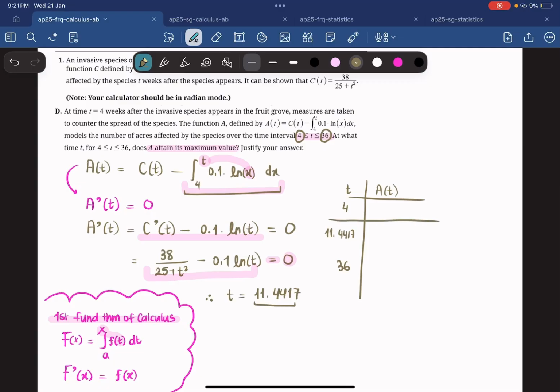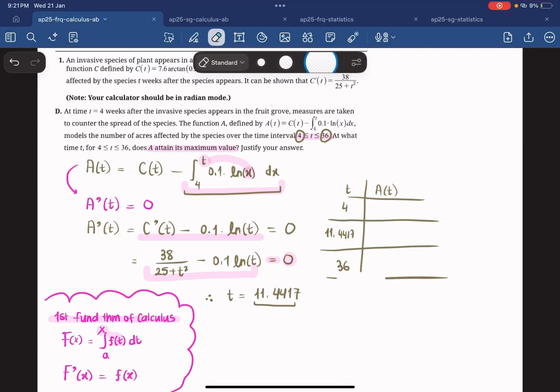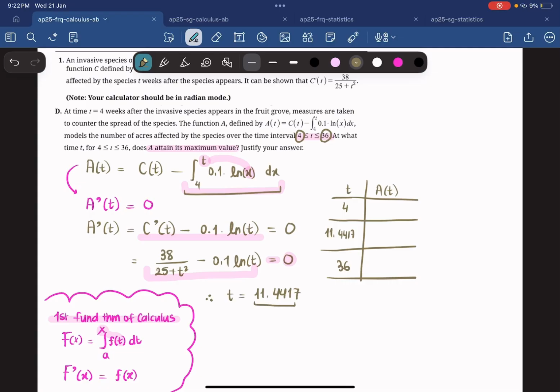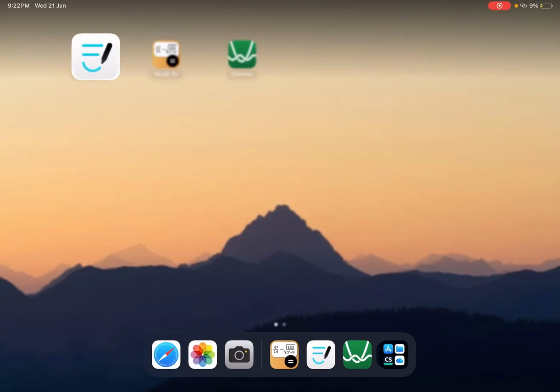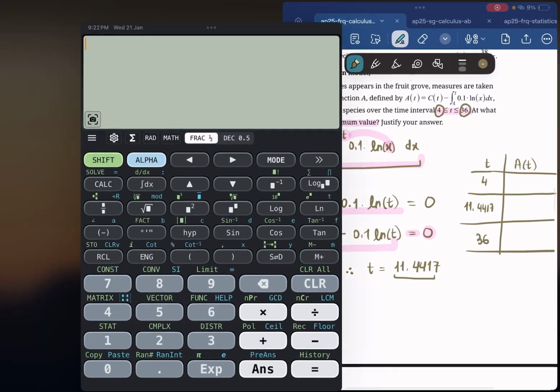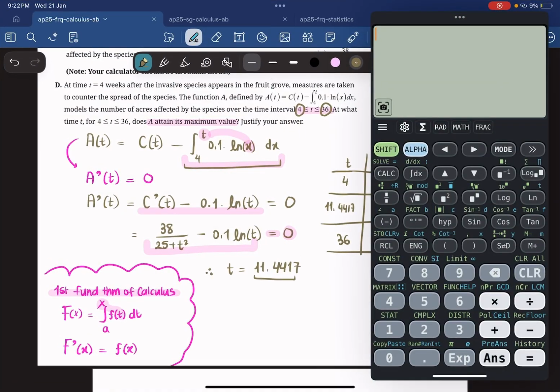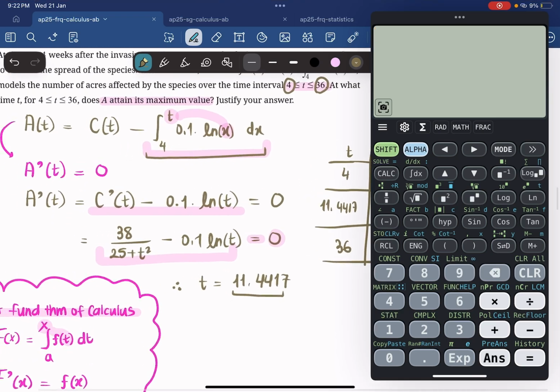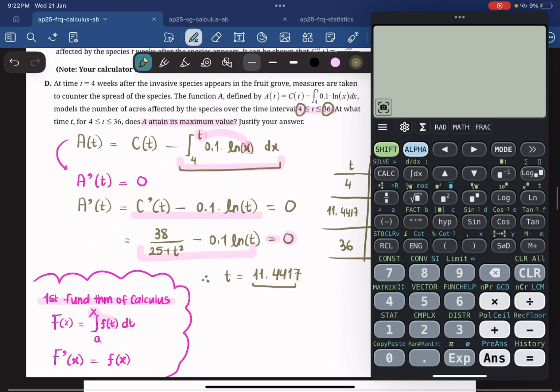At those times, what is the value of my function A of t? So let's substitute in our calculator.